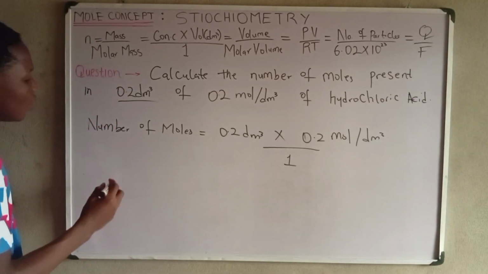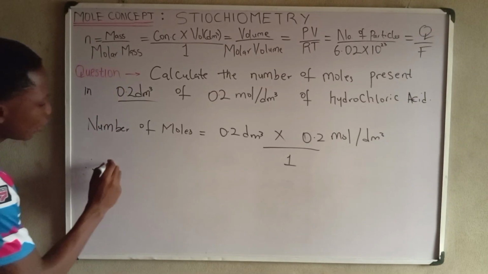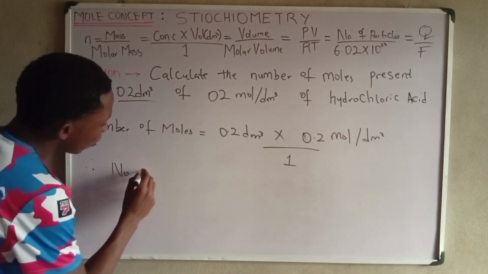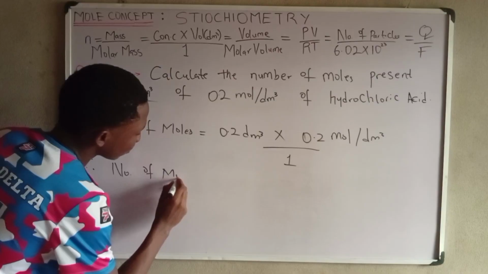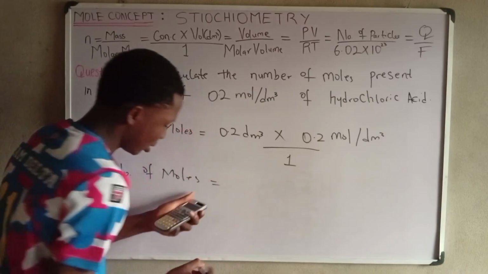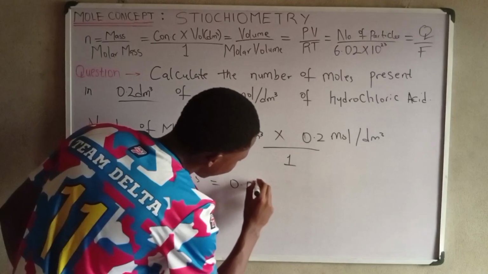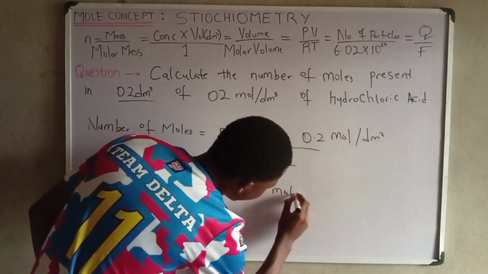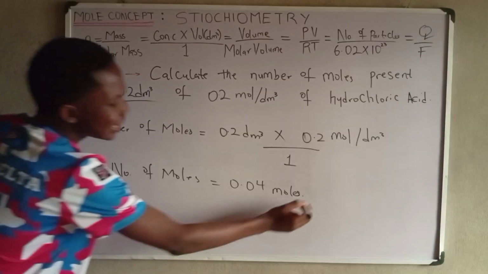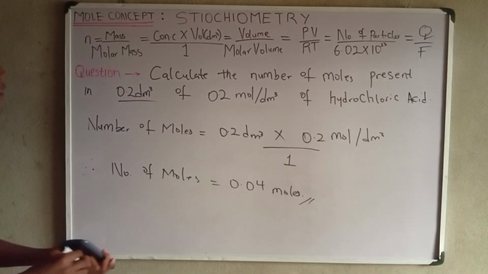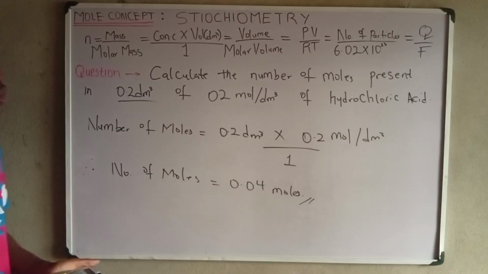Yes. Okay. So therefore, our number of moles is equal to 0.04 moles. Okay. Now this is our answer. It's very, very simple. If you know what to do, take note.